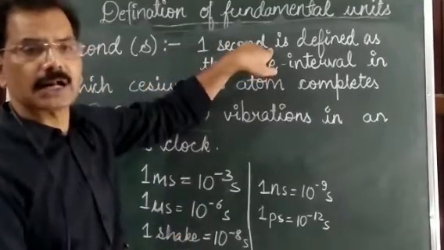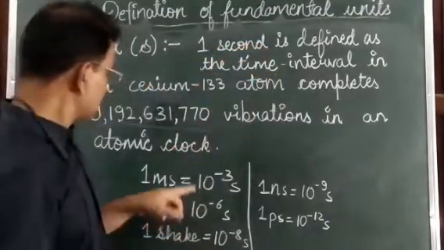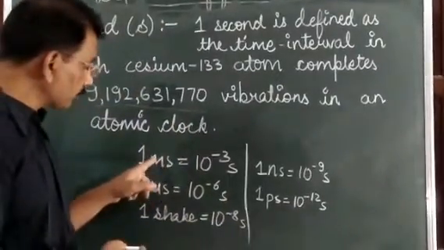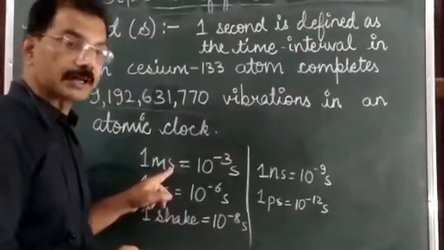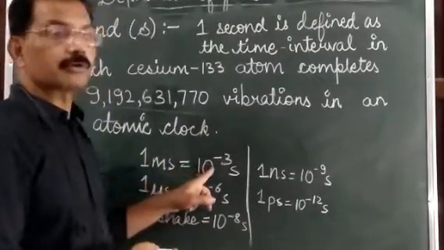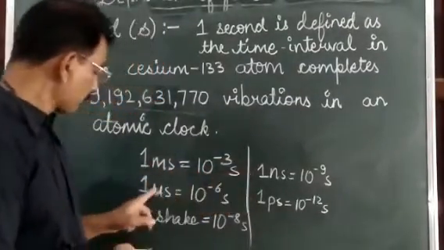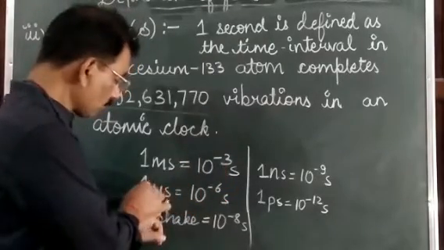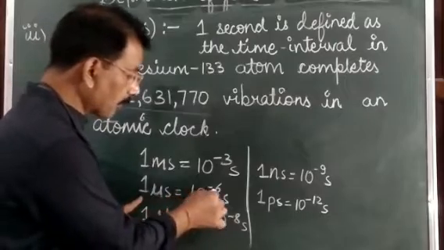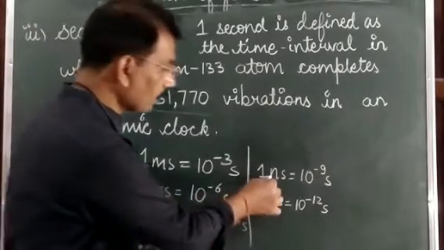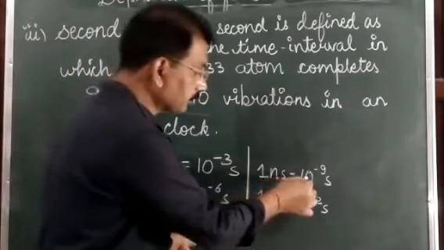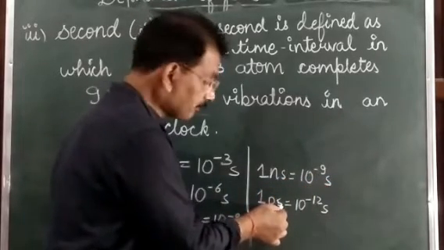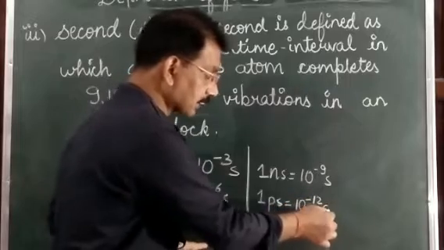It is accepted at the international level. And you can say here, 1 millisecond, small ms means millisecond. 1 millisecond is equal to 10 to the power minus 3 second. 1 microsecond, this mu means microsecond. 1 microsecond is equal to 10 to the power minus 6 second. 1 nanosecond is equal to 10 to the power minus 9 second. 1 picosecond, ps means picosecond, 10 to the power minus 12 second.